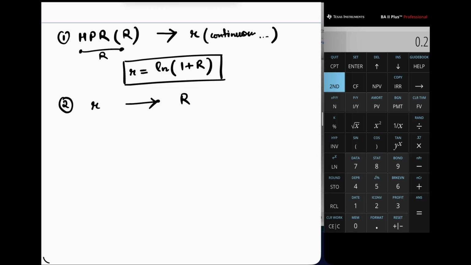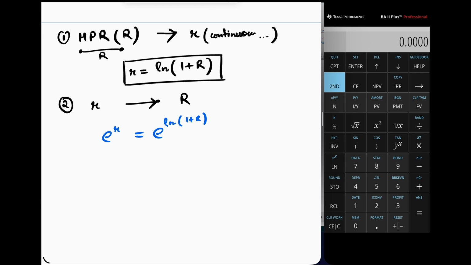You can see in my financial calculator the ln. Above that, e to the x is written. That e is basically Euler's number. This ln and this e are inverse of each other, so if I want to cancel the ln, I have to introduce e. So e to the power r, I am introducing e to the power ln(1 plus R).